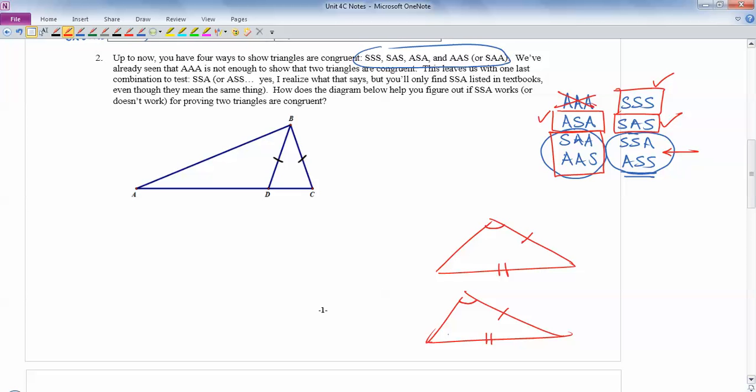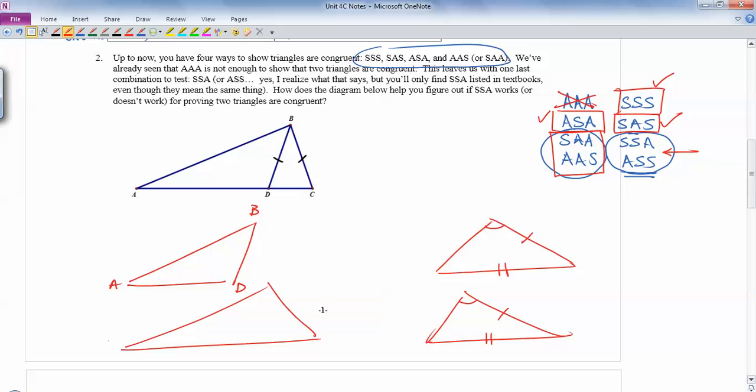And the way to do it is, well, consider there are 3 triangles in this picture. There's this small one right here, this small one right here, and then this large one. So I'm going to draw 2 of the 3. I'm going to draw ABD, which looks like this. And then I'm going to draw the big one, ACB.